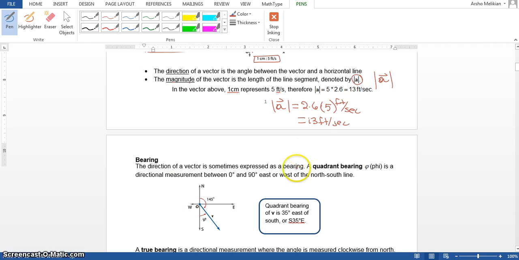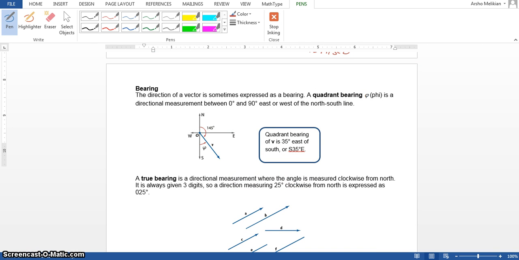What is phi? A quadrant bearing is given the symbol phi. The way you write phi is like this. It's a Greek letter, just like theta and so many others that we use in math.